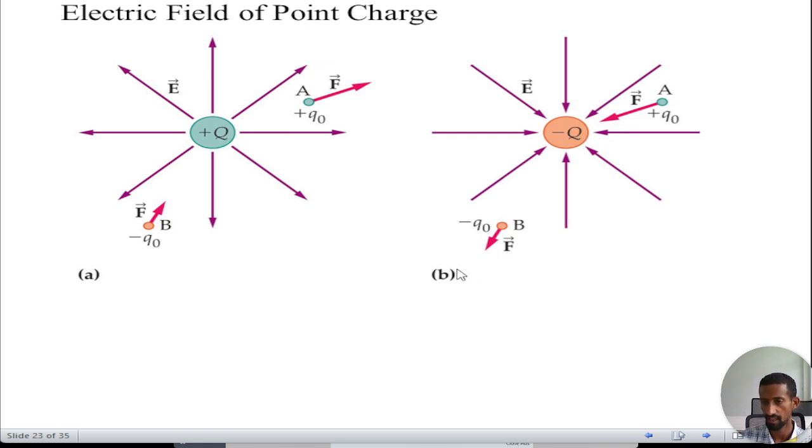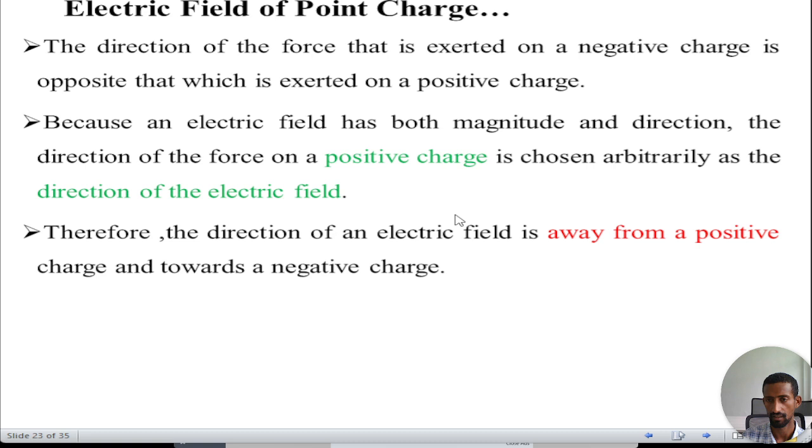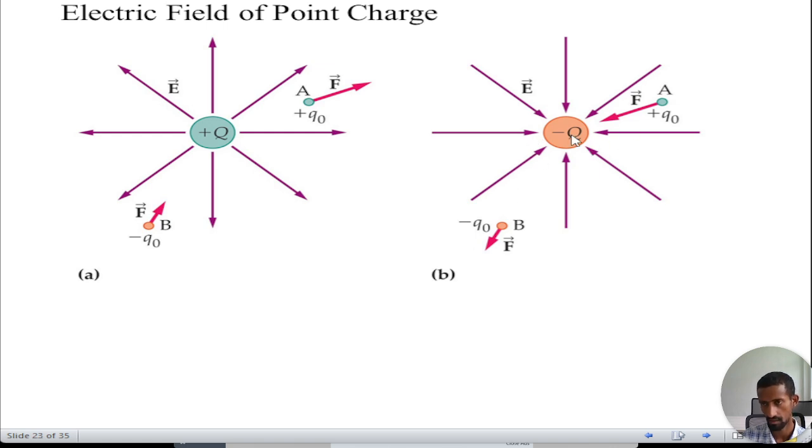When we see this figure, we have a positive charge and a negative charge here, so it will attract. So the direction of an electric field is away from a positive charge and towards a negative charge.